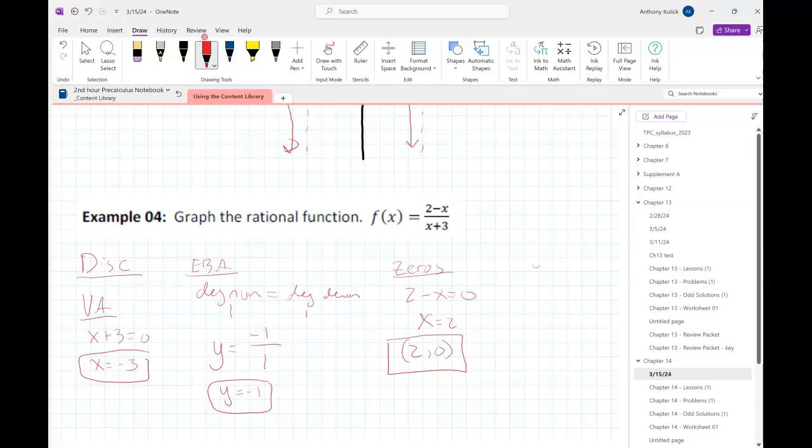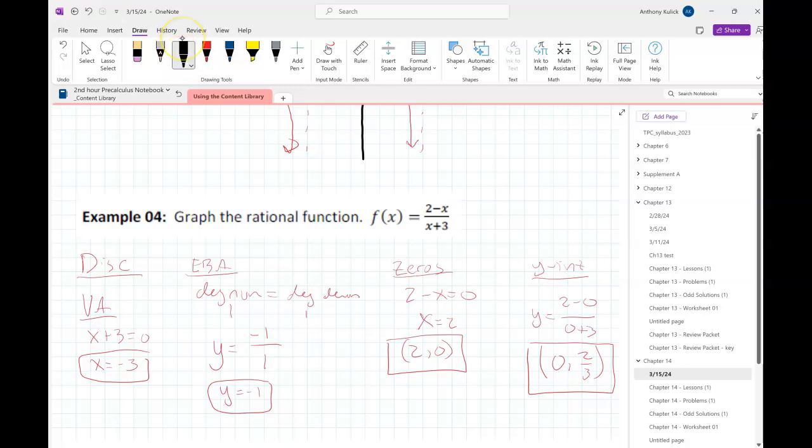And then our y-intercept, we're just going to plug 0 in for x. So we have 0, 2/3. Sound good to you guys?